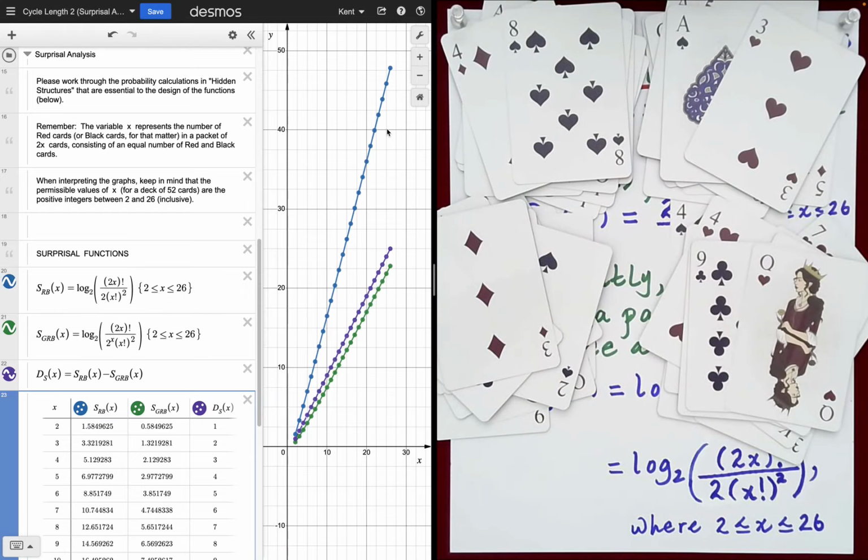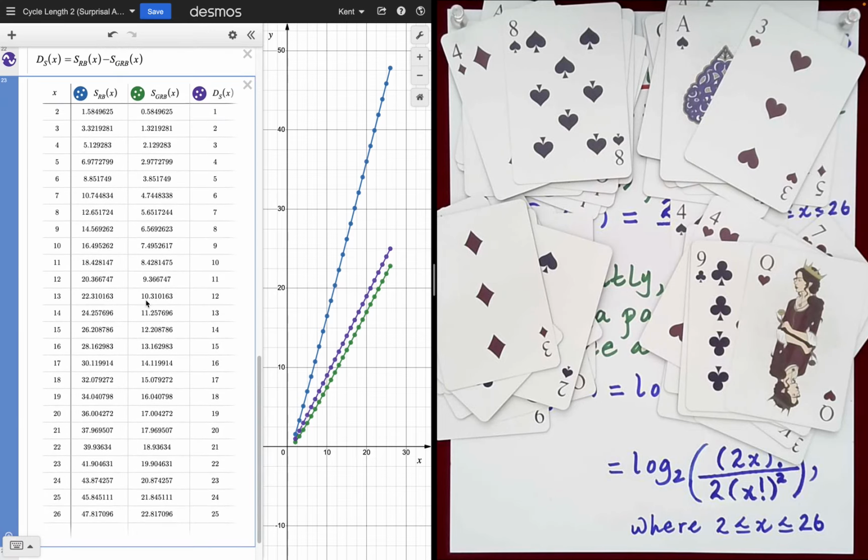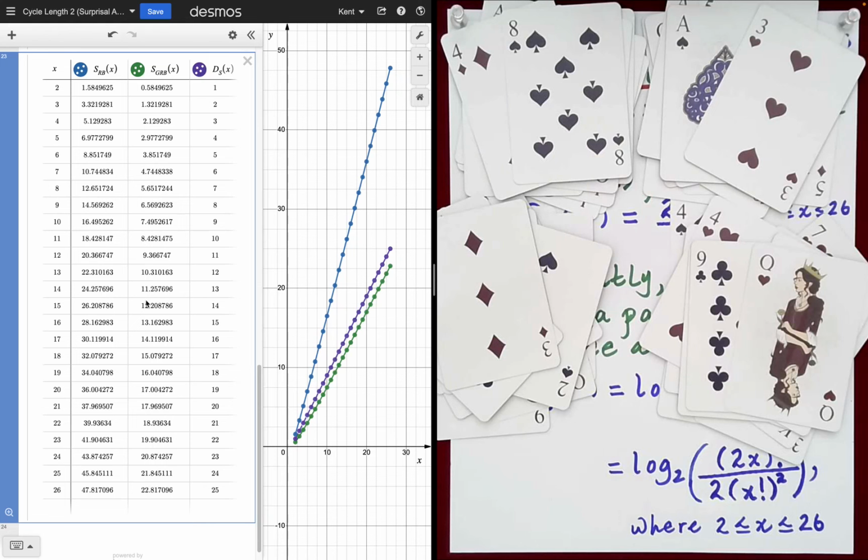Okay, but it's kind of nice to see them connected to get an overall picture of whatever pattern we're looking at. I suppose another way to use this Desmos activity is to decide on what Surprisal value would you like to achieve, starting with an alternating color packet. Kind of an interesting question.